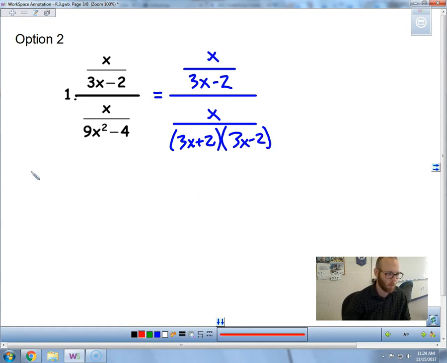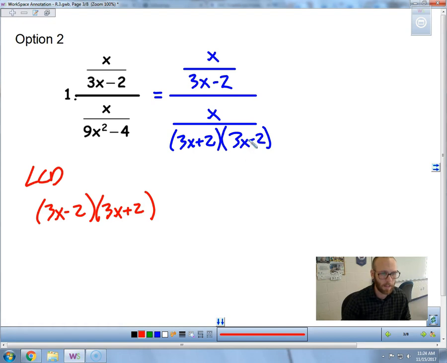So let's talk about what our LCD is. Well, look at the denominator. It has to have a 3x minus 2 in it. Look at this denominator. It has to have a 3x plus 2 in it, so I'll put that there, and a 3x minus 2 in it. Oh, we already have that. So our least common denominator of these denominators is 3x minus 2, 3x plus 2.